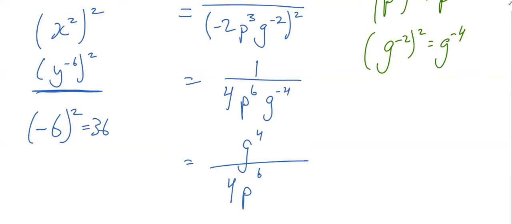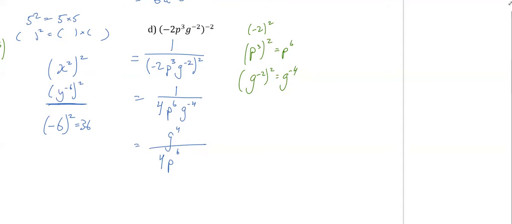So then this becomes negative 2 to the negative 2 is going to go on the bottom, and it's going to be negative 2 to the positive 2. P to the negative 6 goes to the bottom. P to the positive 6, g to the 4 stays on top. And it all works out the same.